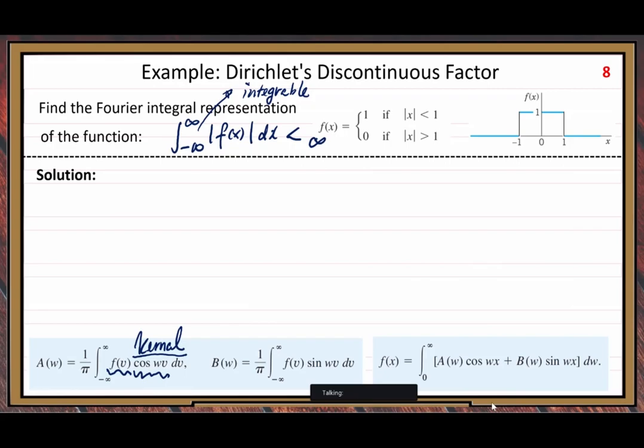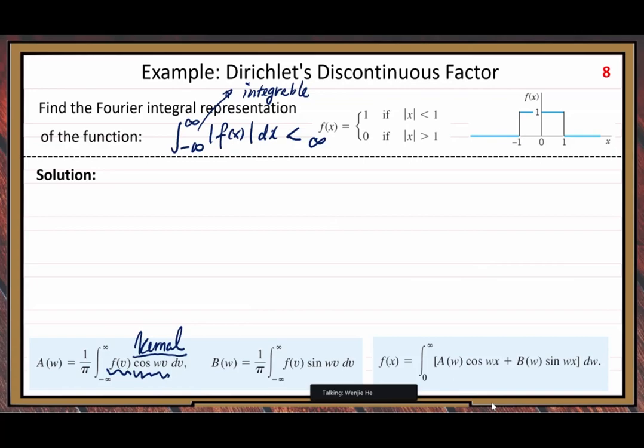Also, for integration there is a convergence issue, right? If f is integrable, then these two integrals are guaranteed to be convergent.